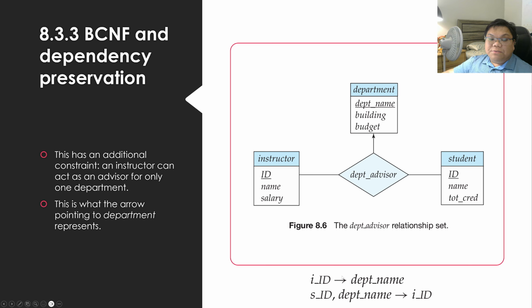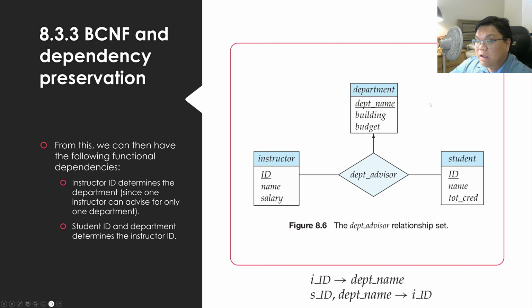So now we have these functional dependencies. Instructor ID determines department name, and student ID and department name determine instructor ID. From here, we can then have the following functional dependencies. Instructor ID determines department, since one instructor can advise for only one department, and student and department determines instructor ID.